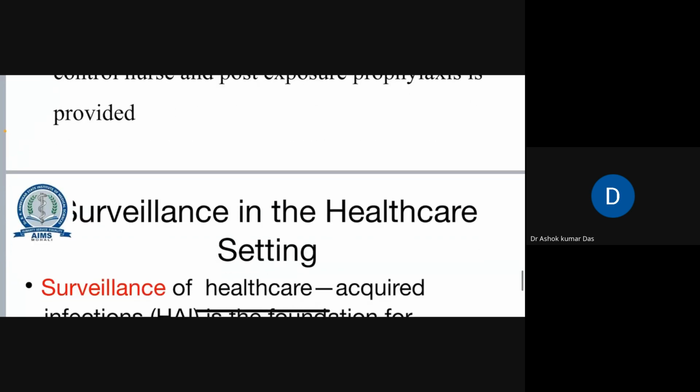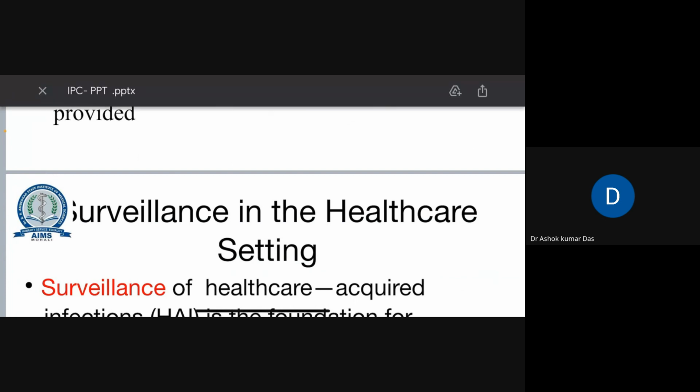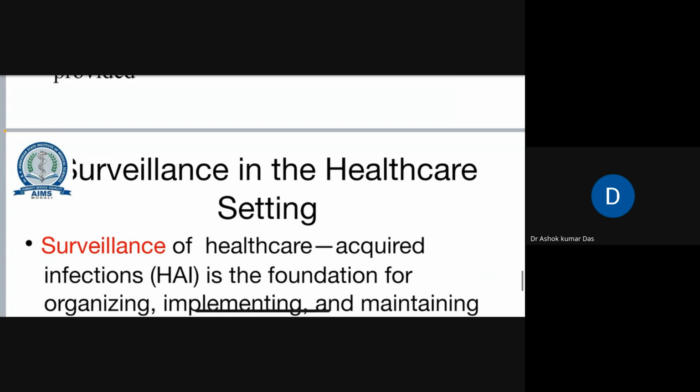So we have discussed prevention, and very important, as I also told you previously, in any healthcare setting, surveillance is the key component. Once you capture the data, you see what the lacunae were and how it happened.